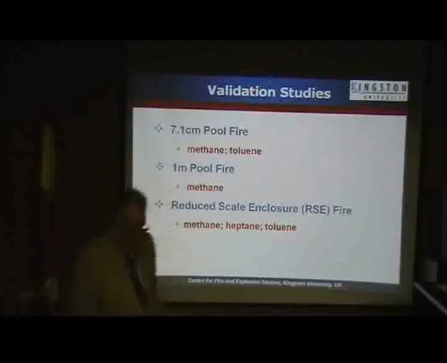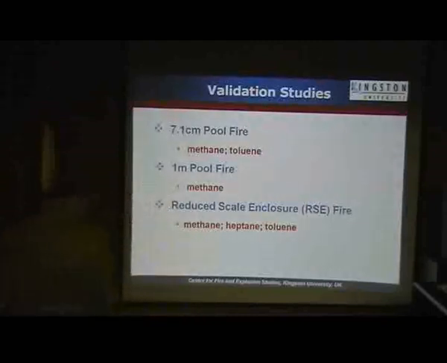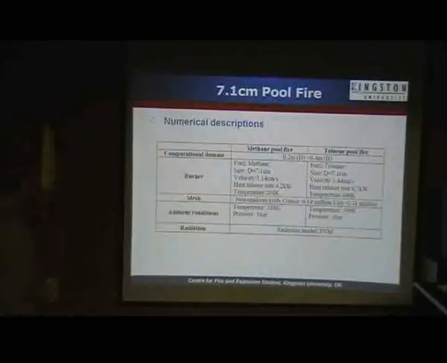So let's take the small fire, and here's some particulars of it. You can see it's methane, that's the flow velocity, the heat release rate, very small, ambient temperature, and then here's toluene for that same fire.